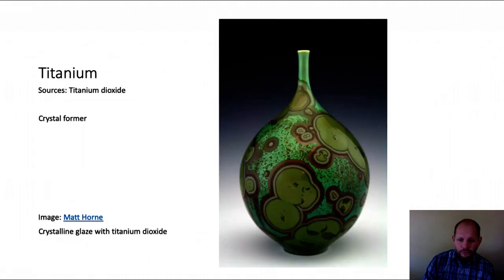It is a crystal former, so you can use it as an opacifier in macrocrystalline glazes. You can use it as the main crystal former. Right here, especially in the background, you can tell when the glazes use titanium because they have these background crystals that grow and that are really, really consistent in the background pattern with these macro crystals that grow in the front. So it's a really interesting material to use.